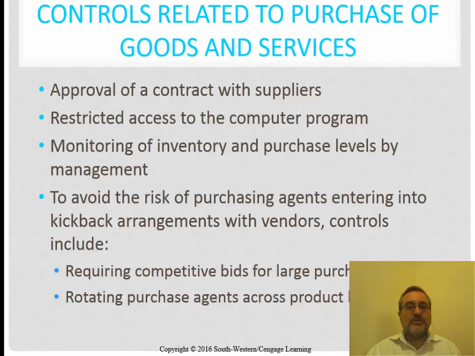In most of the situations that I've worked in, it's the purchasing department that approves these contracts and is the only group that has the ability to enter a new vendor or even change information in any of the vendor information, which means that we need to have restricted access to the computer program. This restricted access needs to be on a role-based perspective.